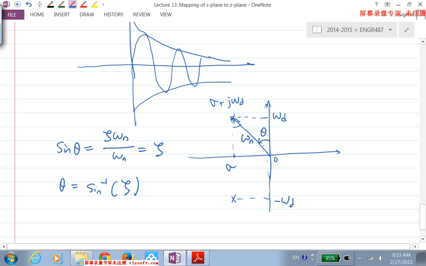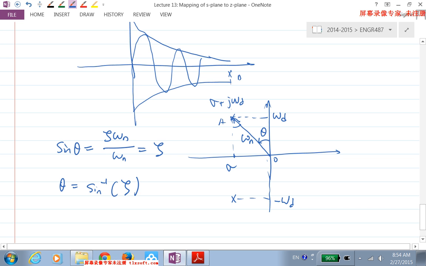Back to the observation. If I have a pole here and a pole here, which pole results in the bigger damping ratio? If this is A and this is B, which one has a bigger damping ratio? A, right?